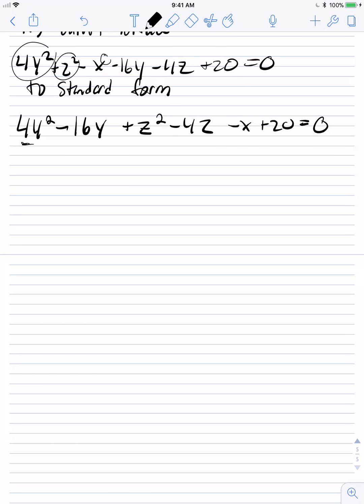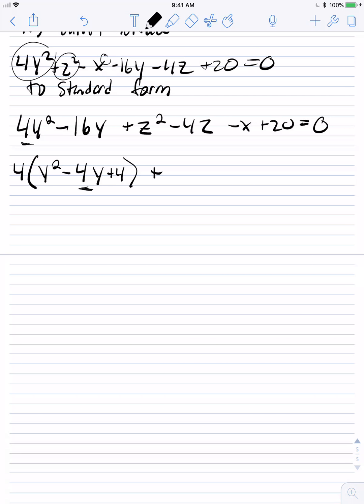So this 4y squared has a coefficient out in front, which is 4, so we're going to try pulling that out. And now we have y squared minus 4 times 4 is 16, so minus 4y. And if I do my half and square rule, where we take half of this coefficient and then square it, half of 4 is 2, 2 squared is 4, positive 4. It's always going to be a positive number, so we get plus 4. That takes care of the y's.